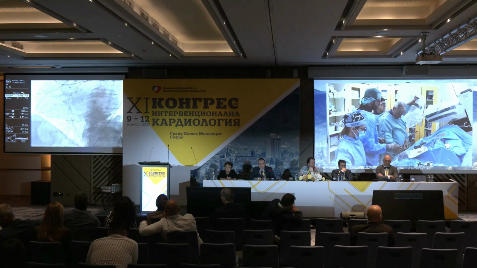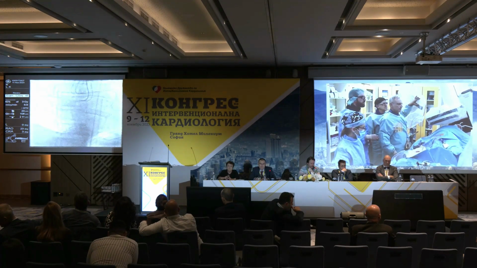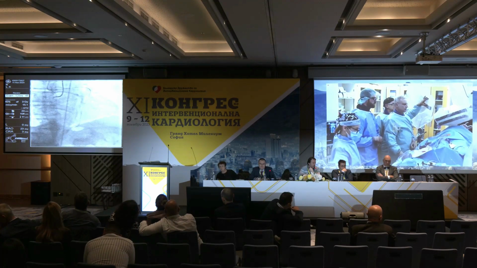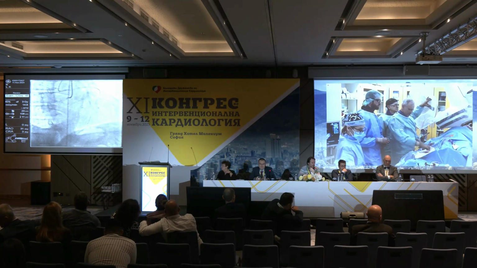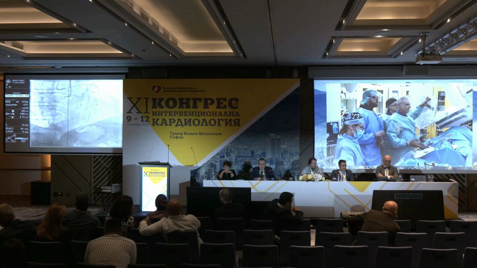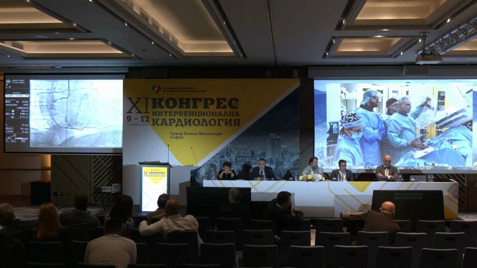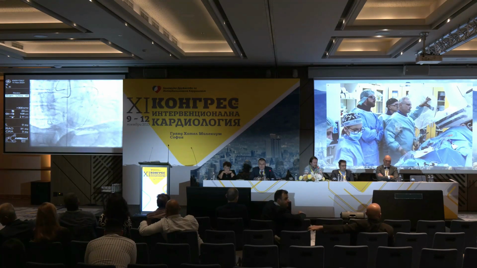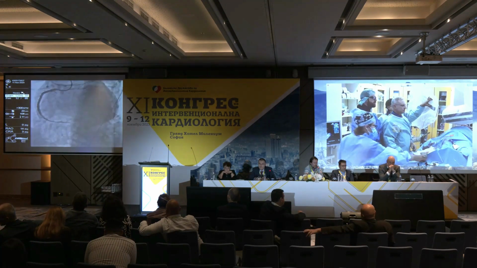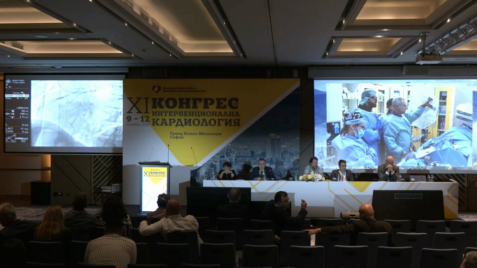Maybe I'm looking at a different part. I don't know. Okay. What do you think, Dr. Gelev? This is good here. Let's make one injection here. Doesn't look bad. I haven't seen anything. Let's go back to this initial one. Maybe it's a branch.